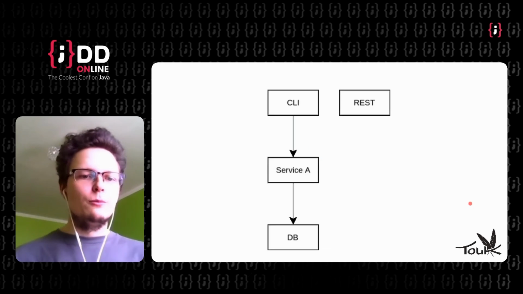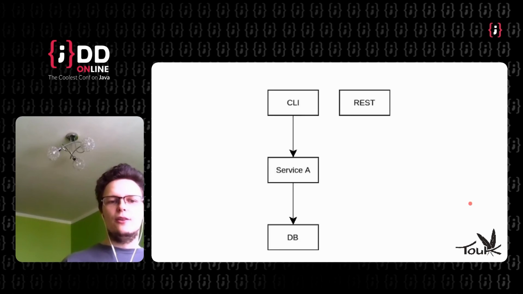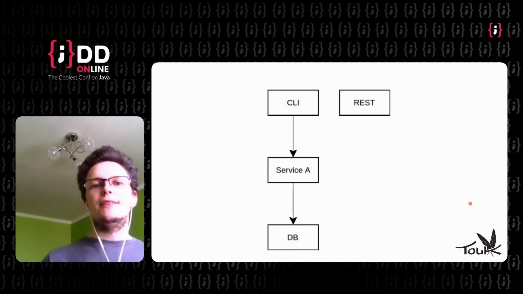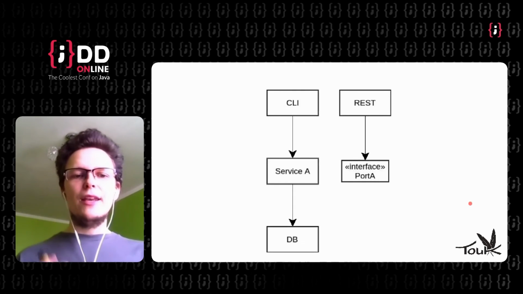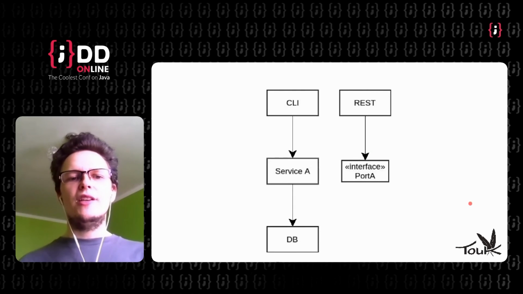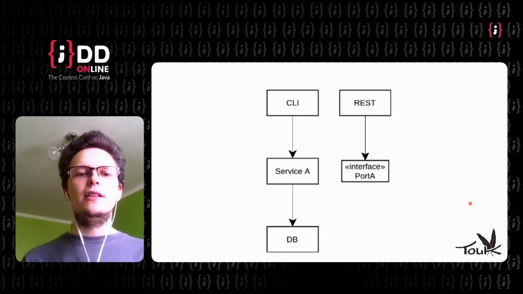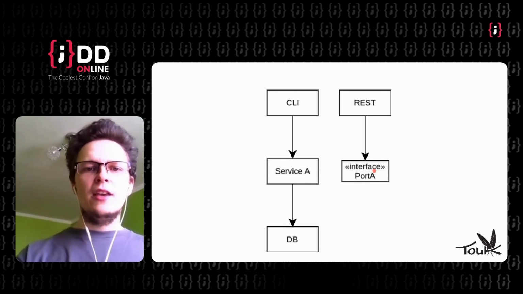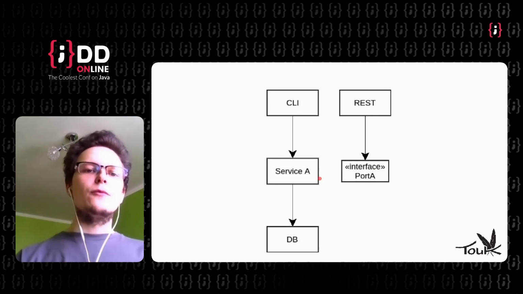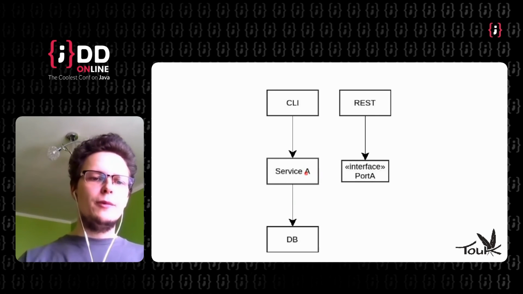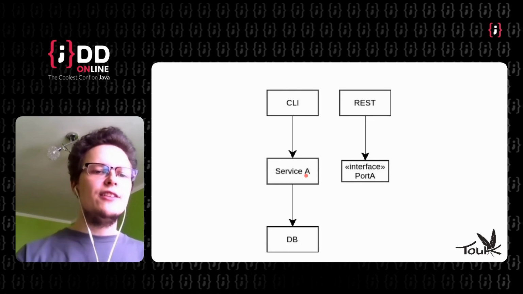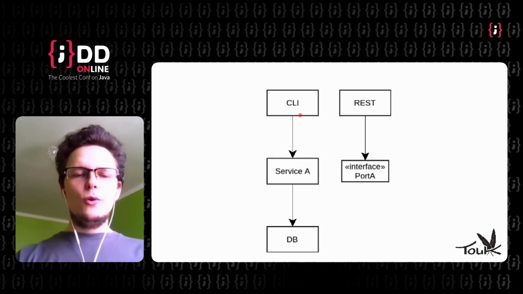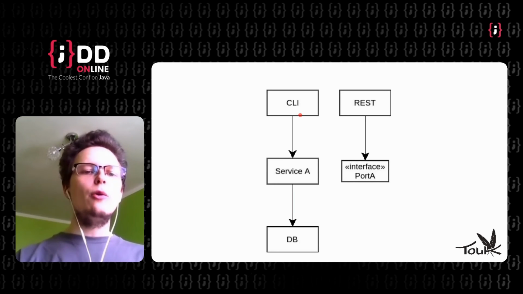For example, every time we are doing all the stuff via the command line, now we want to expose our operation via REST. It's very easy because now we only have to create the good abstraction of our domain in the interface, or the port A here, and then we cannot just implement it probably in service A, because there could be a problem that our CLI has some knowledge about how our domain works.